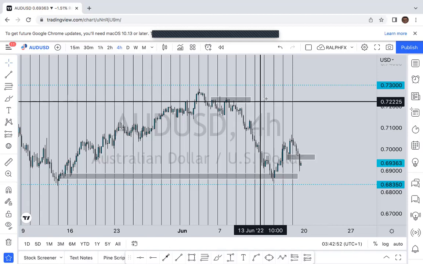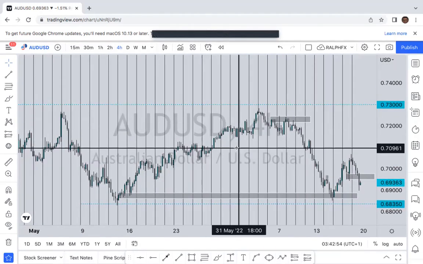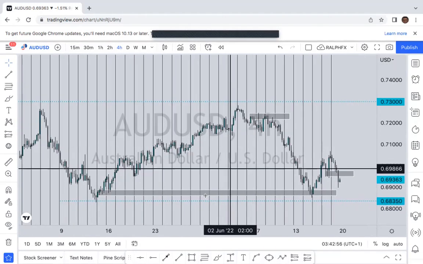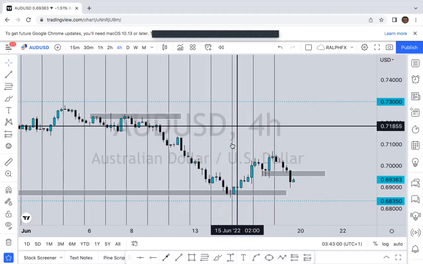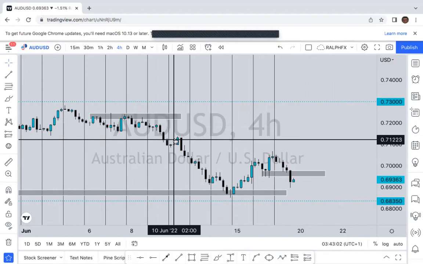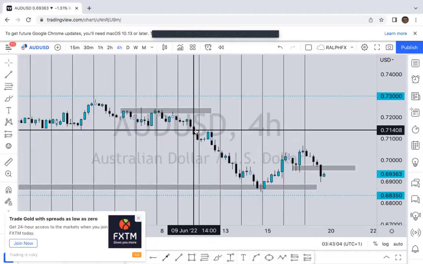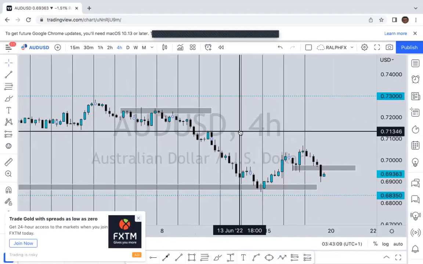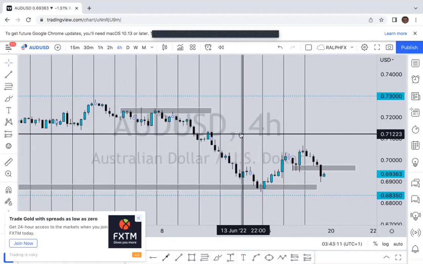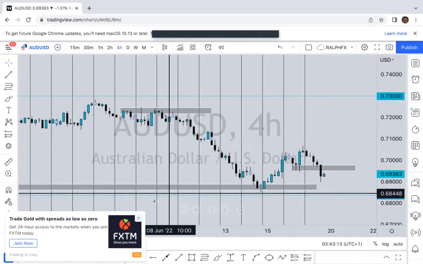So I have an indicator on my chart right here, which is called session breaks. These lines represent each day. This is the end of each day, the beginning of the next day, the end of the next day, and so on.